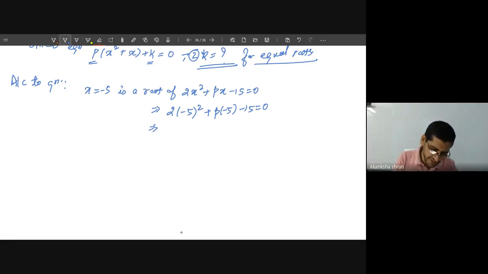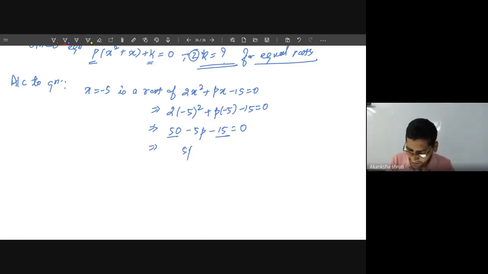So can I write directly 50? 5 fives are 25, 2 fives are 50, then minus 5p, then minus 15. You can operate these constants. So 5p is equal to subtracting 35. So p is equal to how much?